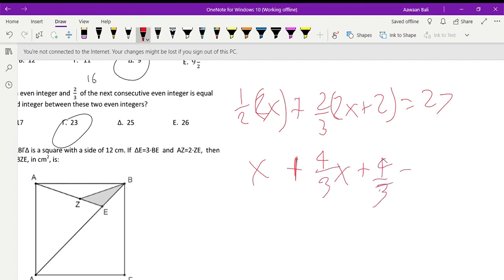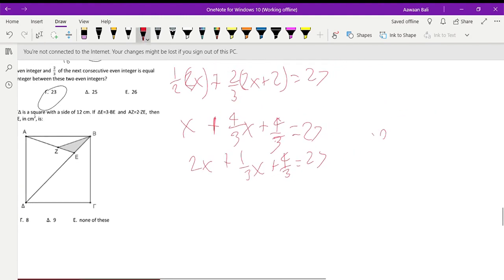So I don't exactly recommend the algebra method. That's a bit complicated. So actually x plus 4 upon 3x, you can make that into 2x plus 1 upon 3x, plus 4 upon 3 is equal to 27. You get the idea. So let's make the 27 have a denominator of 3. 27 times 3 is 81.